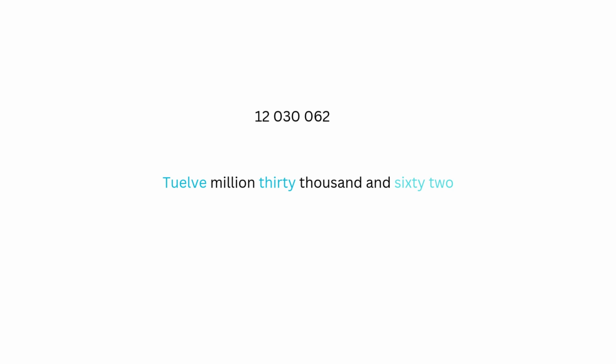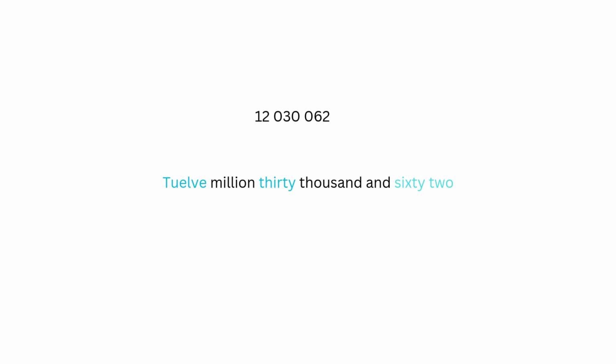You have 12 million. You look at the number 12, and then you remember to show the part in which it is. Which bigger part does 12 belong to? It belongs to millions. So you write 12 million.